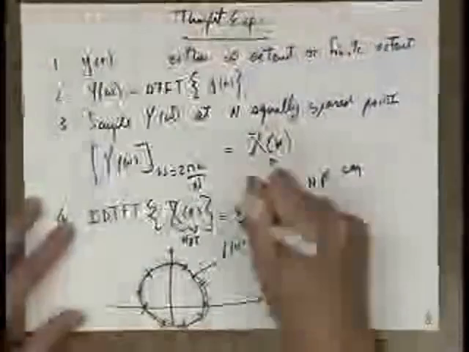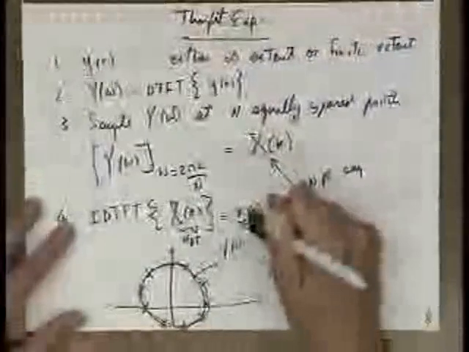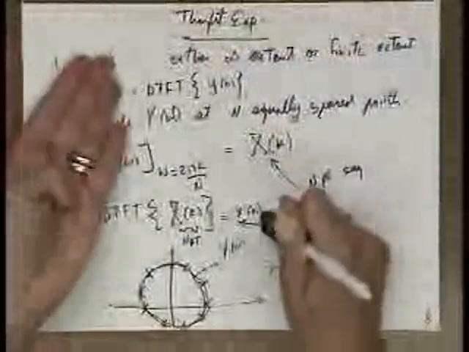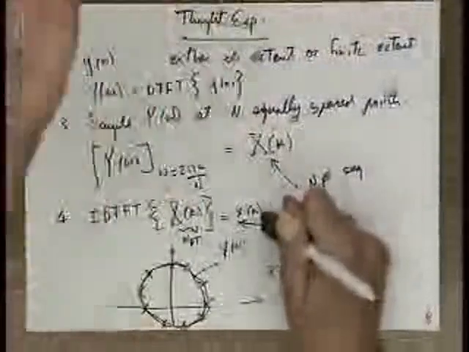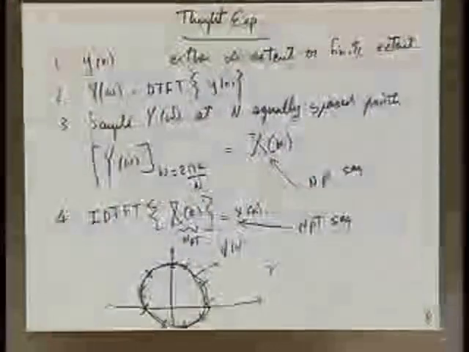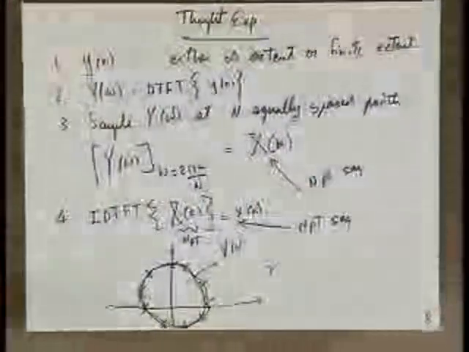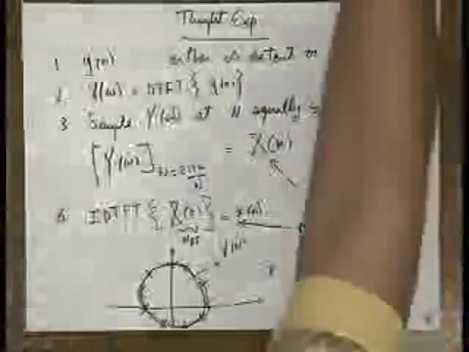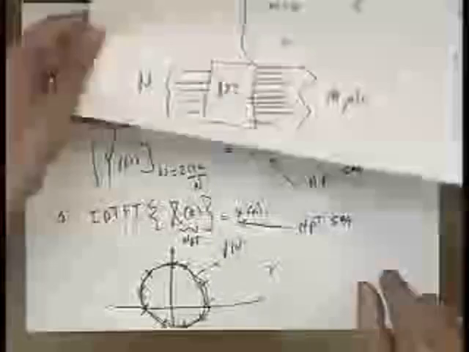How would y of n and x of n be related to each other? Right. The first 4 points of x of n are the same as y of n, and the remaining ones are 0. 12 of them would be 0. And is that clear to everybody? That's clear because of this discussion we went through, right?